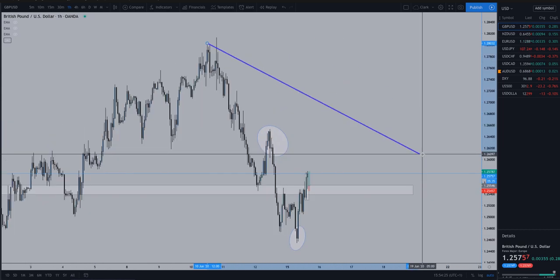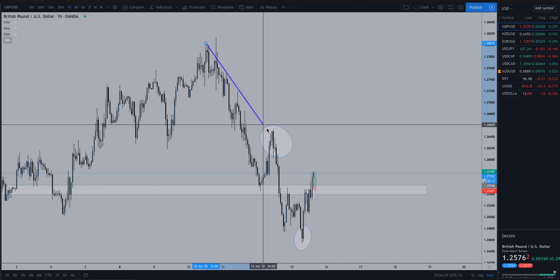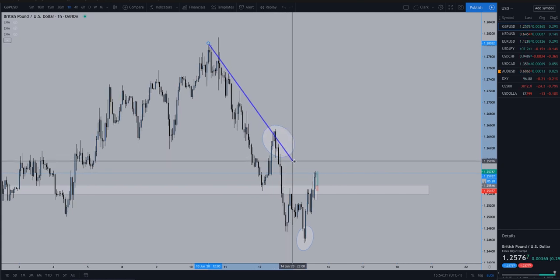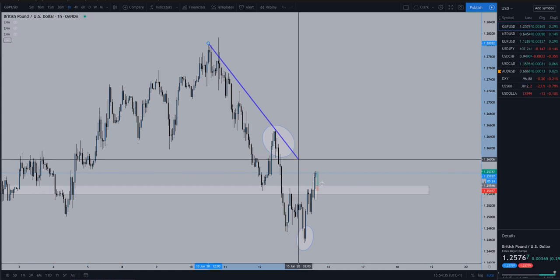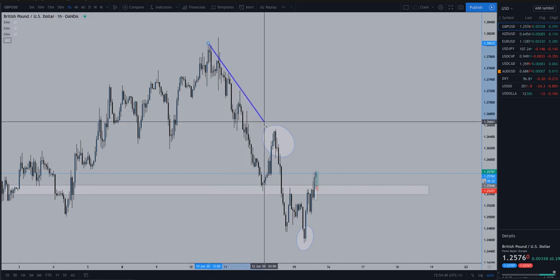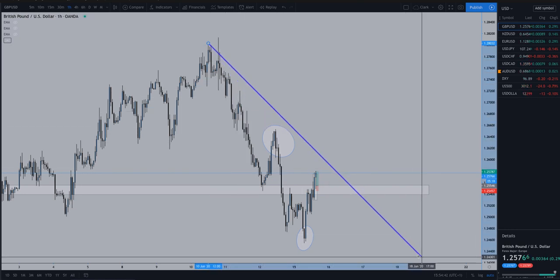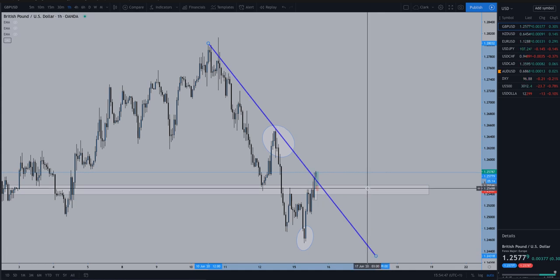Draw your trend to the next high. Here, 1, 2, go through. So line it up with that wick and go through. All right.